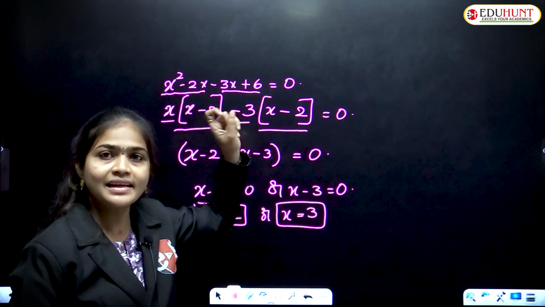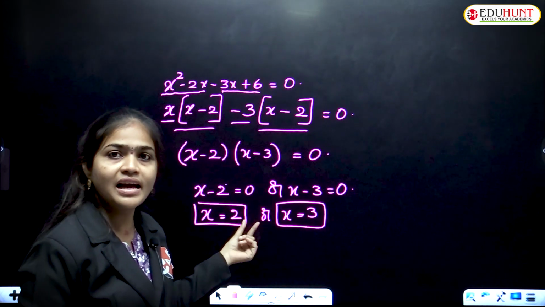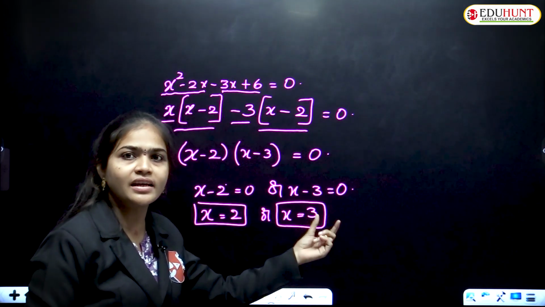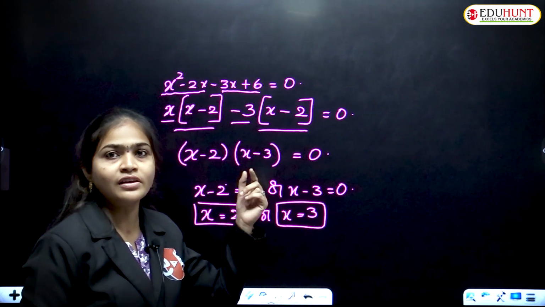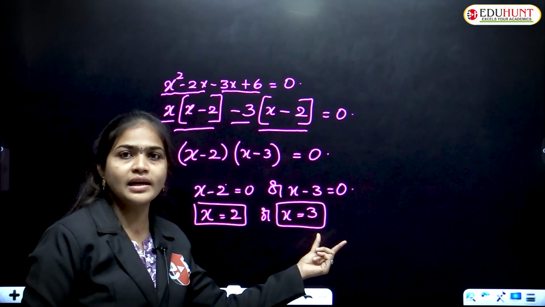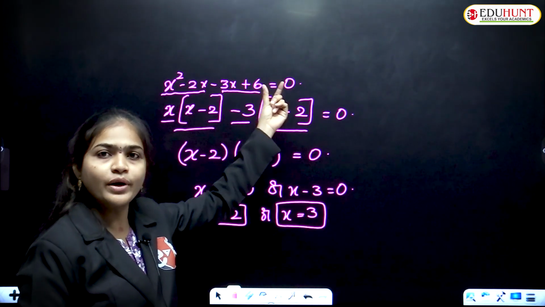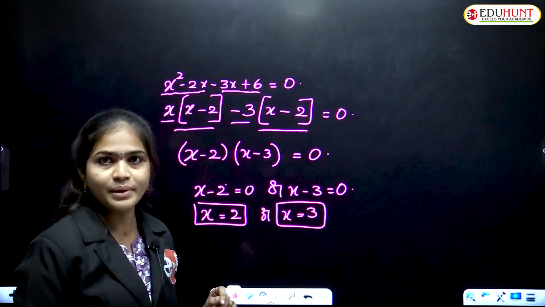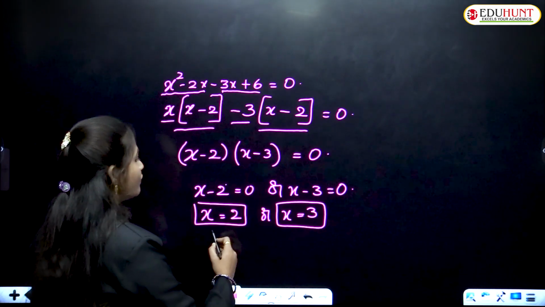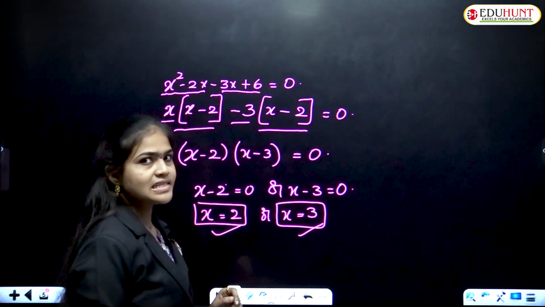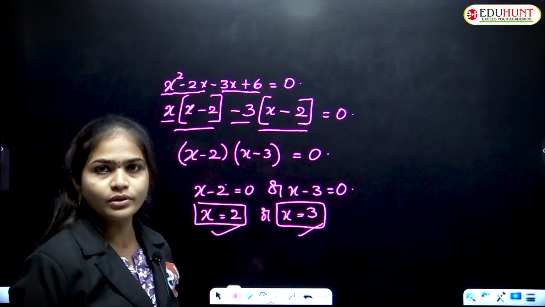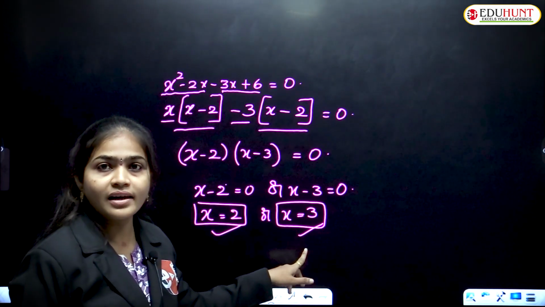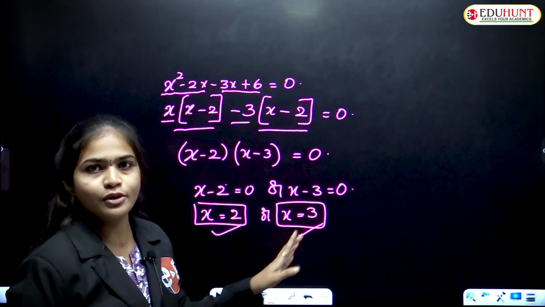Only one variable, that is x. That x is having how many values satisfying here? Two values are satisfying. So these two values are known as the roots of a quadratic equation. Am I clear to you? So what are the roots of this quadratic equation? X is equal to 2 or x is equal to 3. So we can say these two are real and distinct roots.